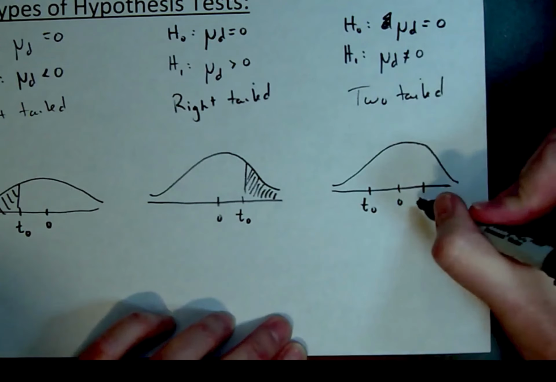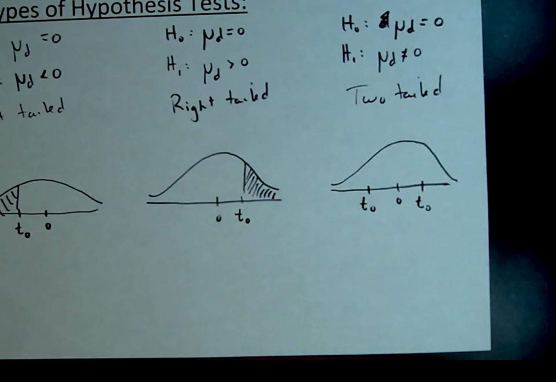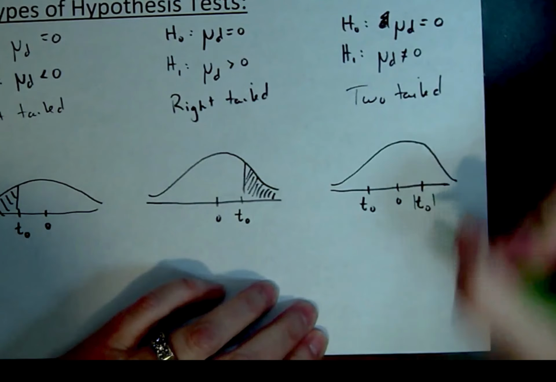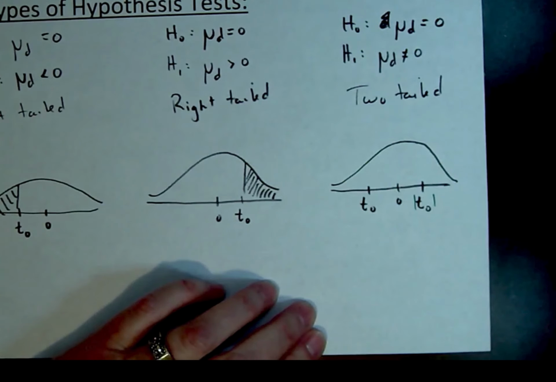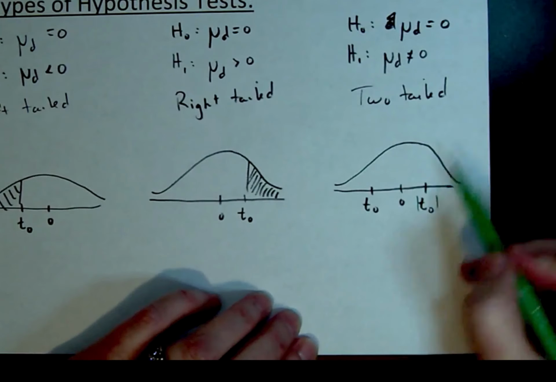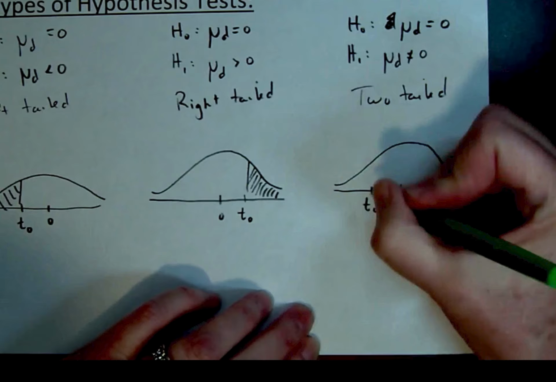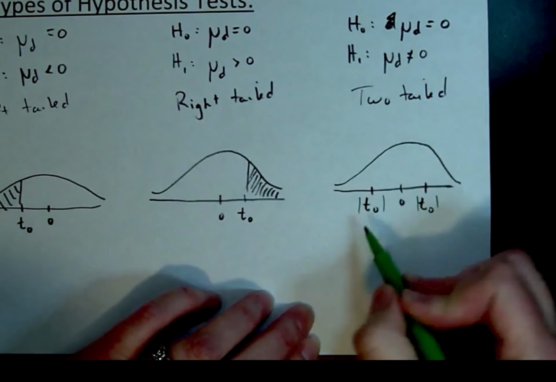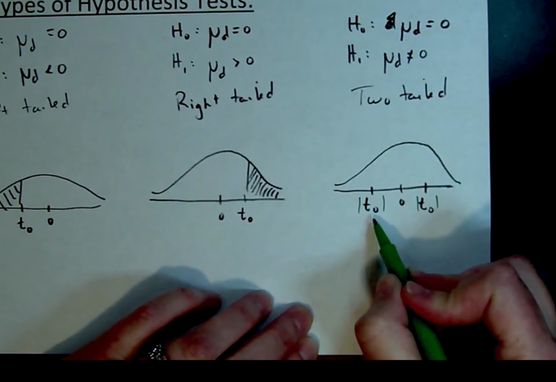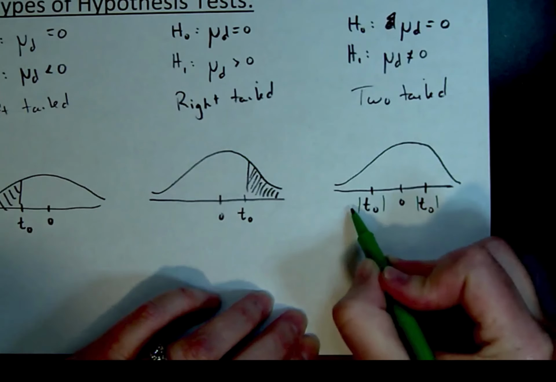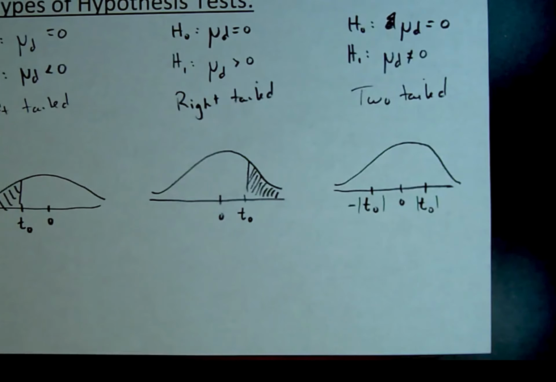So since we're being a little abstract here, we just make sure that we've got a positive number on the right side of 0 by putting absolute value bars around the test statistic. So whether it's positive or not, the absolute value of it is positive. Then to make sure that this one is negative, because remember, t naught might come out to be positive, put absolute value bars on to get a positive number, and then stick a minus sign on the front to get then a negative number.